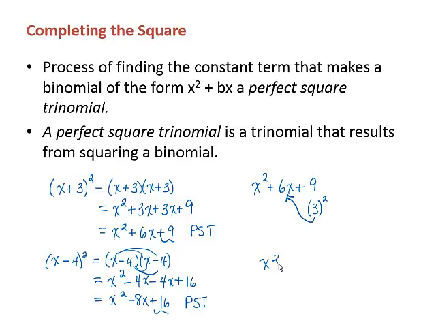And x squared minus 8x plus 16, 16 is 4 squared, and 4 is half of 8. So when we say that we are completing the square, we have to find half of the coefficient of x and square it.